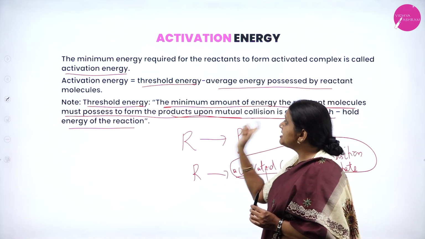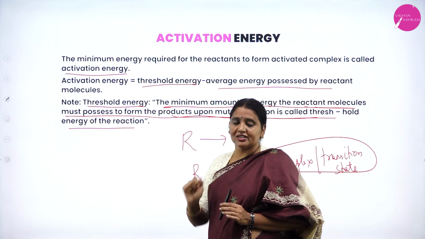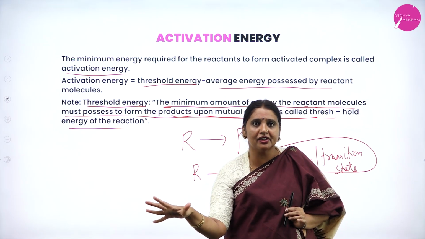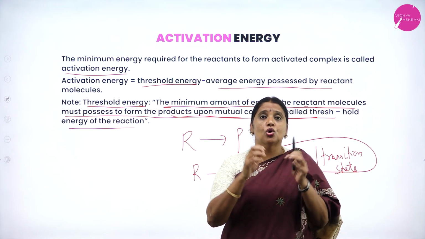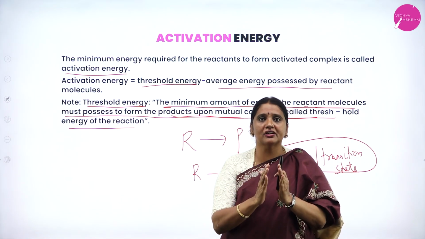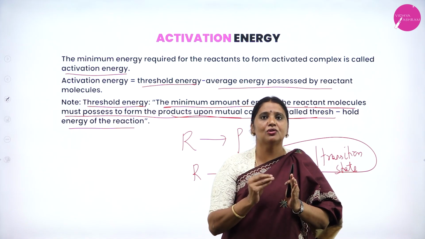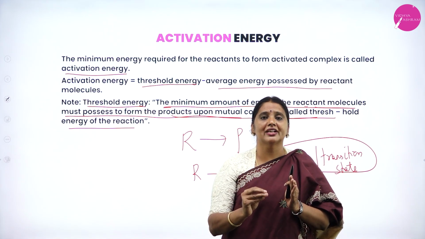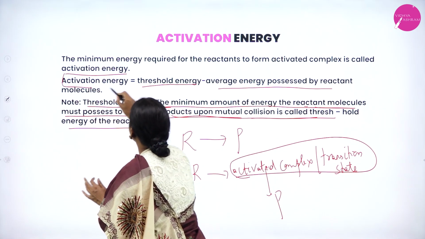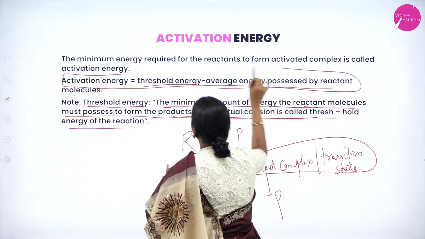They require the minimum amount of energy, that is called activation energy. And how are reactants converted into product? They undergo effective collisions. To get this mutual collision or effective collision, they require a minimum amount of energy. That energy is called threshold energy.